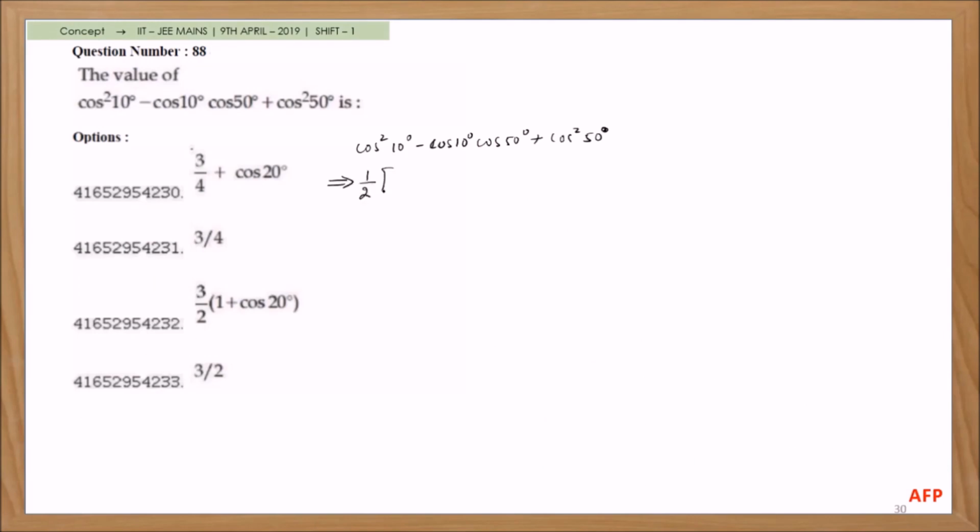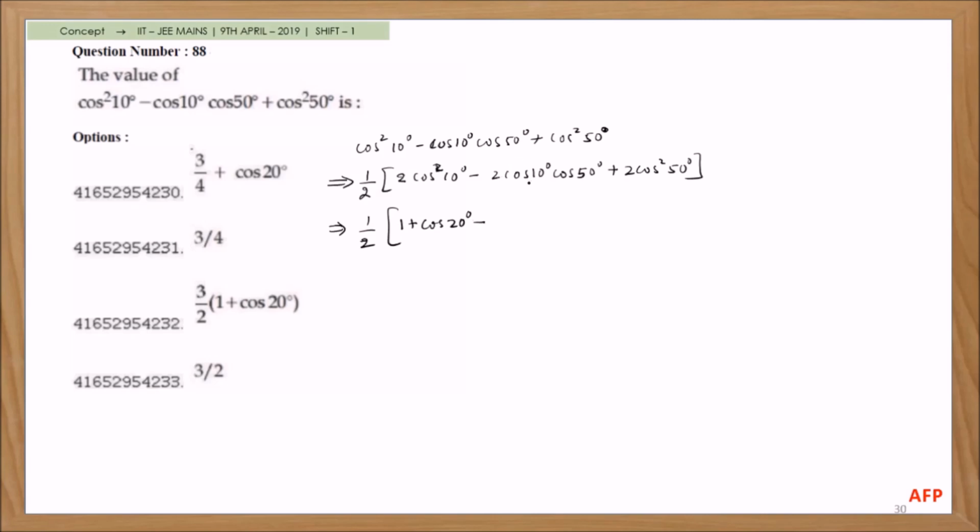So divided by 2, for each term we will multiply by, so this implies 1 by 2 is equal to 2 times cos square x, which is nothing but 1 plus cos 2x, 2x being 120 degrees.